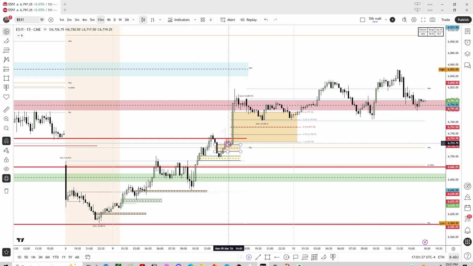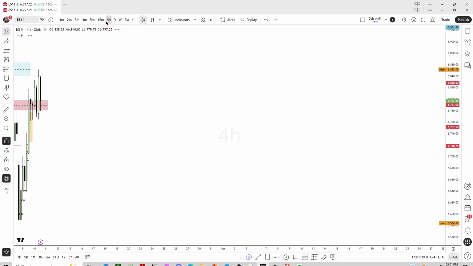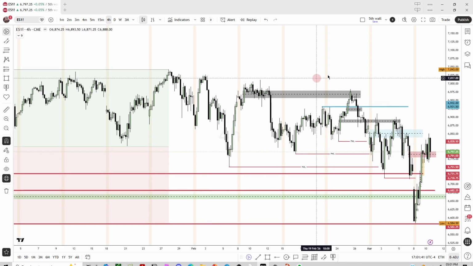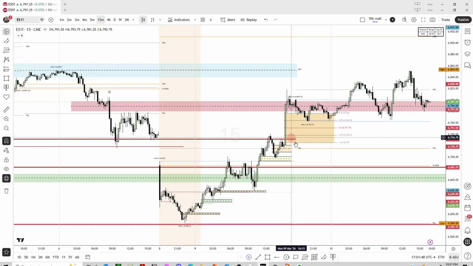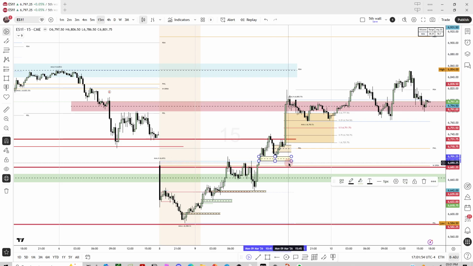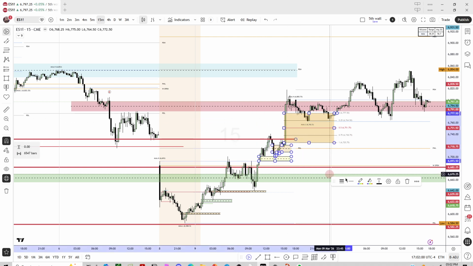So this is a 15-minute protocol. Go to the 4-hour first. I think all these 15-minute PD arrays. This is an RDRB, a redelivered rebalance PD array. Let's isolate these two.